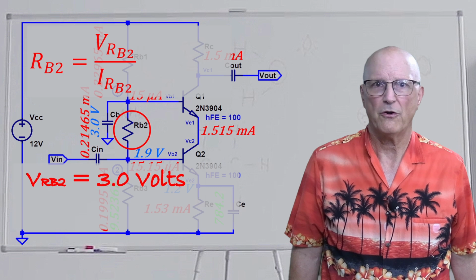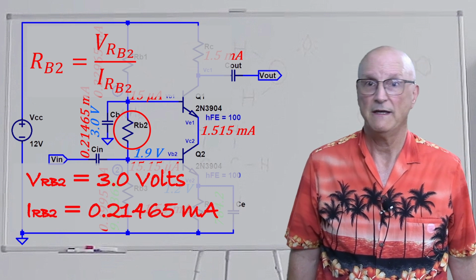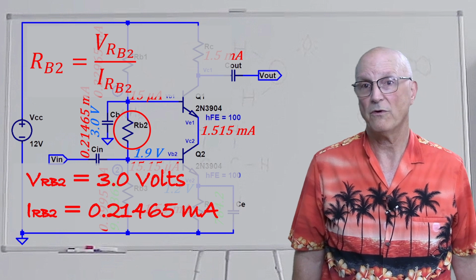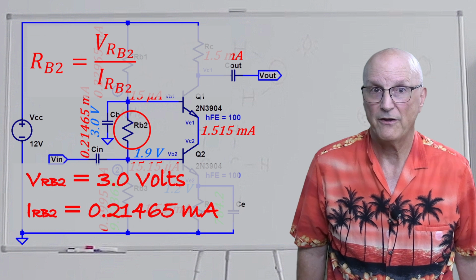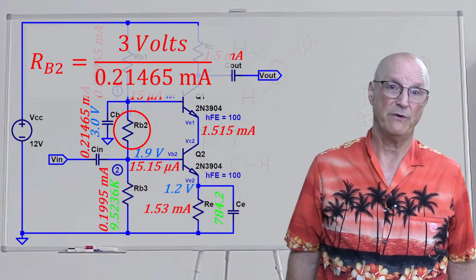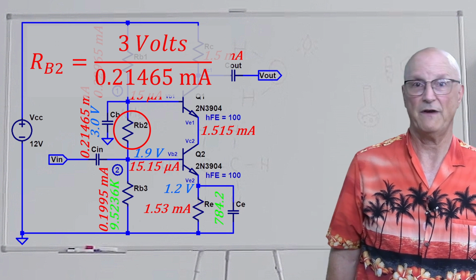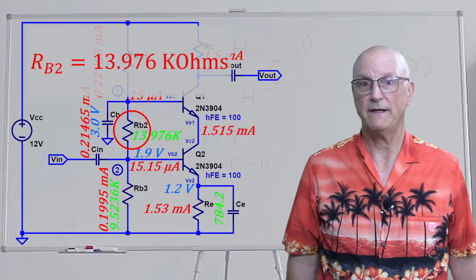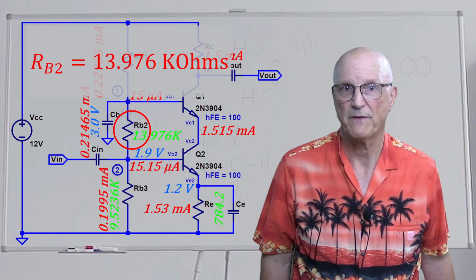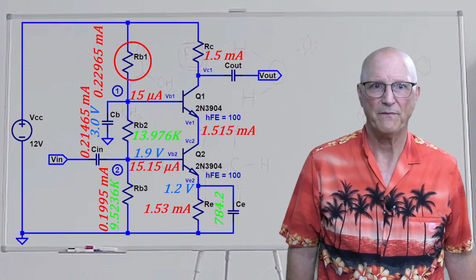And we know that the current through it, IRB2, from a previous calculation, is 0.21465 milliamps. So we get the value of RB2 is equal to 3 volts divided by 0.21465 milliamps, which yields a value of 13.976 k ohms.